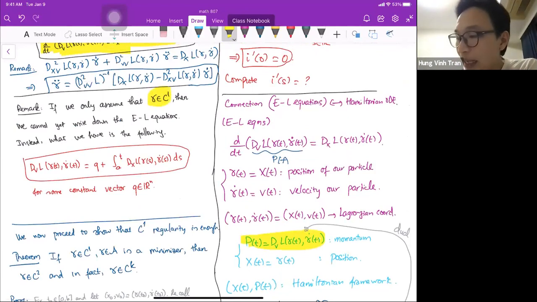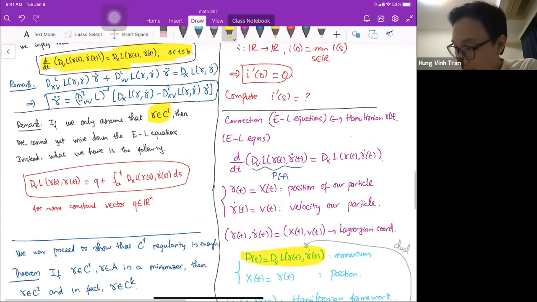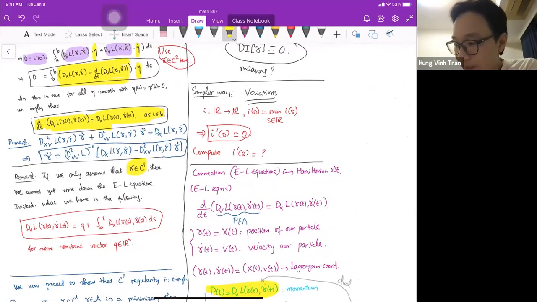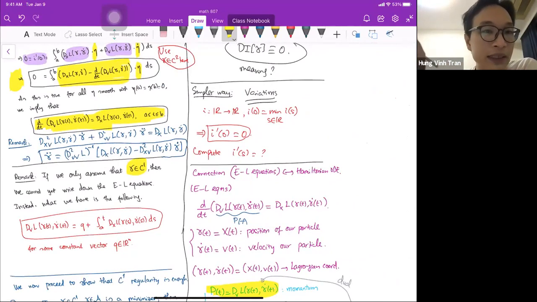So if I only have that gamma is C1, then in this step here, I cannot do the integration by parts, right? Because I cannot do d over dt of d_v L. I don't know that one is C1 to differentiate it.